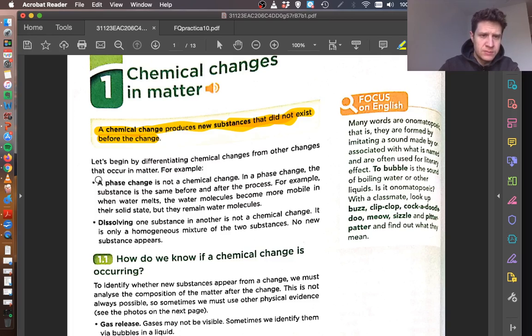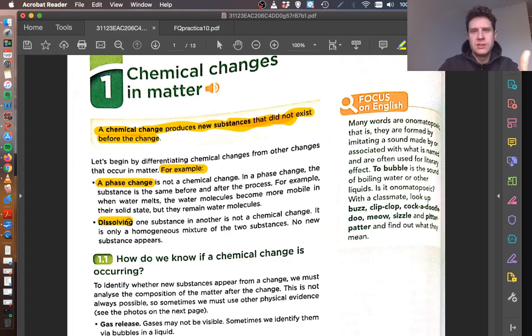So let's, for example, differentiate chemical changes from other changes. We have, for example, a phase change. It's not a chemical change. For example, when you boil water, this is a change of phase, from liquid to gas.